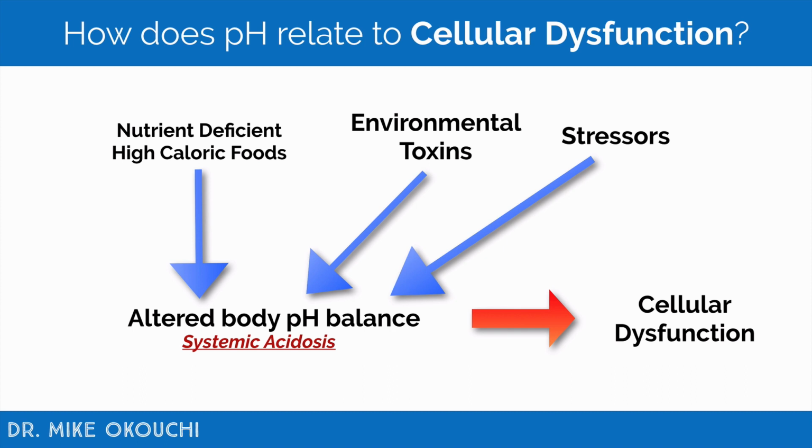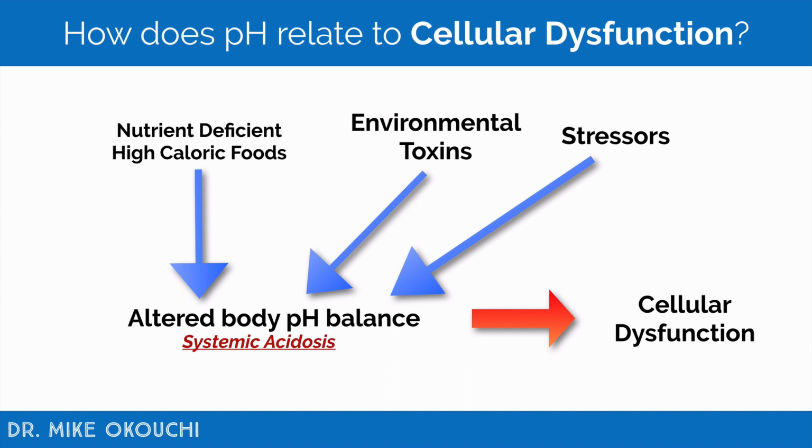Well, how does pH relate to cellular dysfunction? A lot of fingers have been pointed towards different causative factors for cellular dysfunction, right? Toxins, devoid of nutrients, taking in too many high-calorie foods, too many stressors. Well, what do all those things do? They alter the body's pH balance.